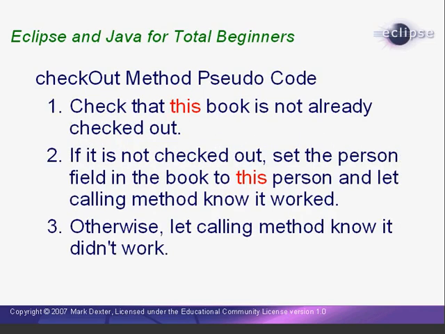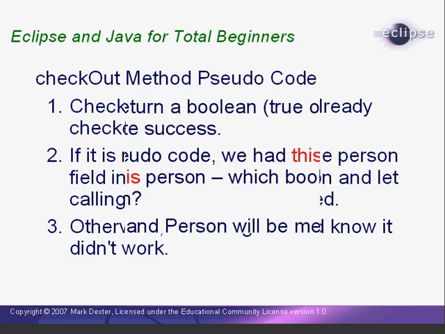The first step is to test that this book is not already checked out. If it is not checked out, we'll use the setPerson method of the book to assign this person to the book and let the calling method know that we succeeded. If it is already checked out, then we'll just let the calling method know that it didn't work.